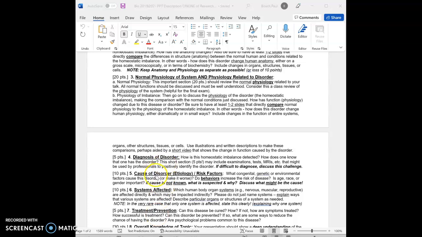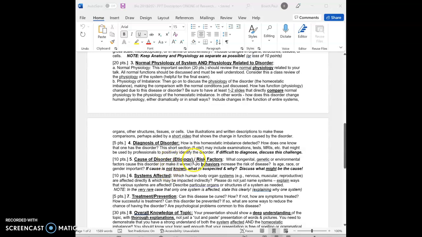Sometimes we really don't know the cause. That's the next section. Or the risk factors. Why does someone get this disease? But you do have to discuss this and say what is known. So how do we normally diagnose this disorder? What do we think the causes are? If we're not sure, again, what's the best information right now?